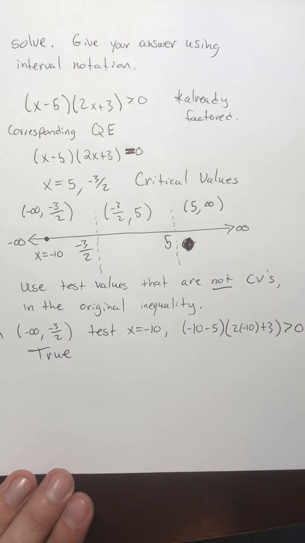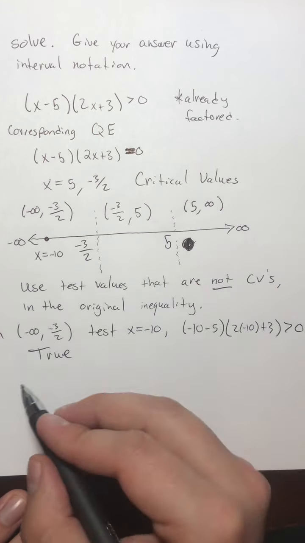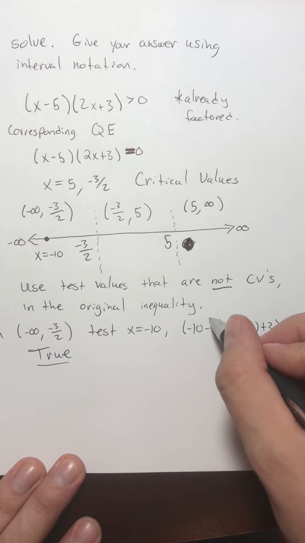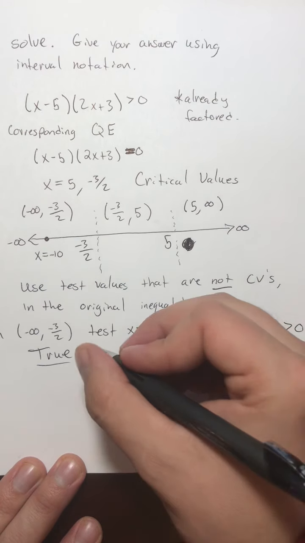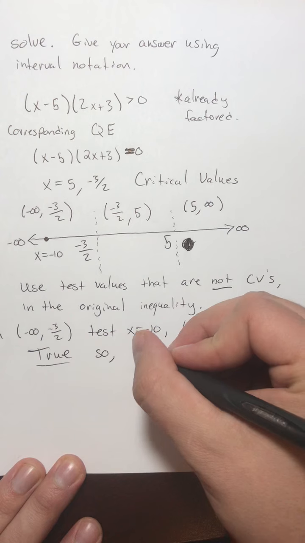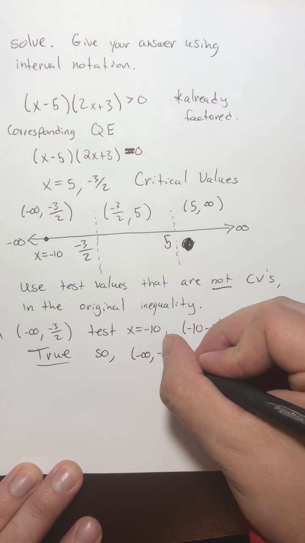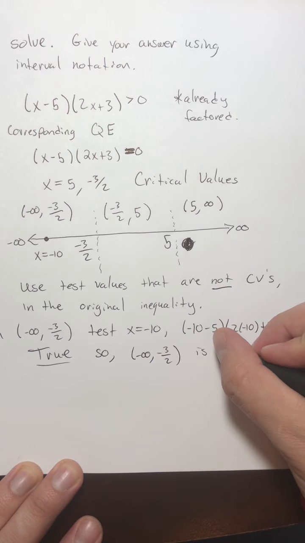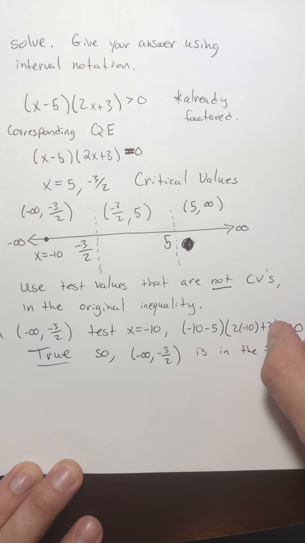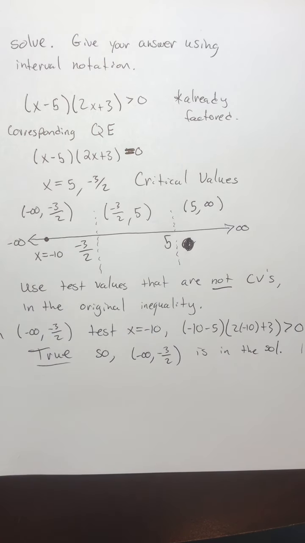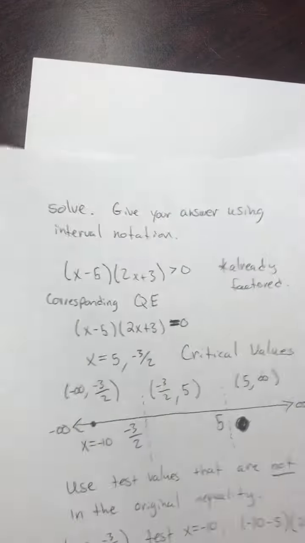And if we simplify that, I'm out of room on the page, we do get a true statement. This is a true statement, and that tells us that negative infinity to negative 3/2 is in the solution. I'm going to move this up a little bit.